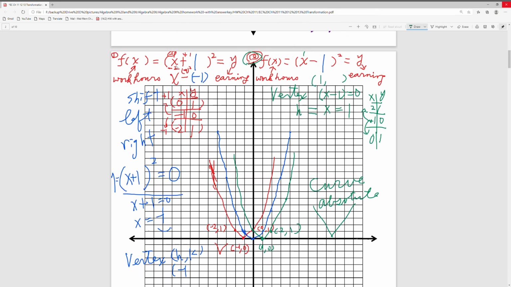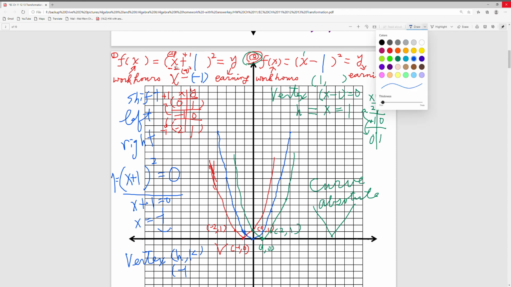When x plus 1, it means h is -1, and this graph needs to be pushed to the left-hand side 1 step.